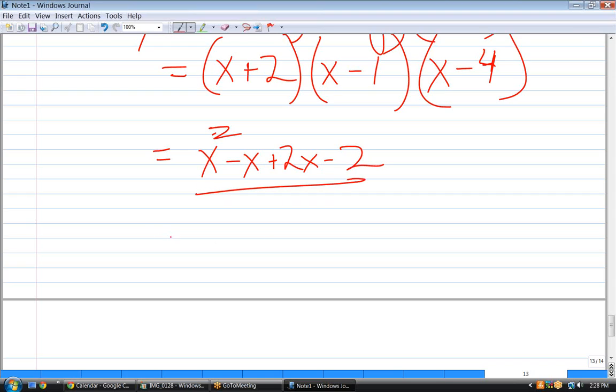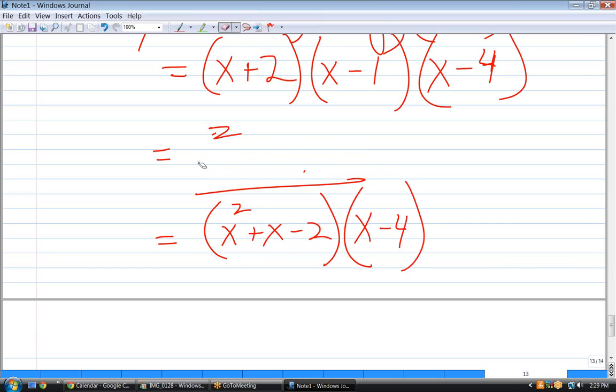Simplify that expression. It would be x squared plus x minus 2. Now you have a trinomial times a binomial.